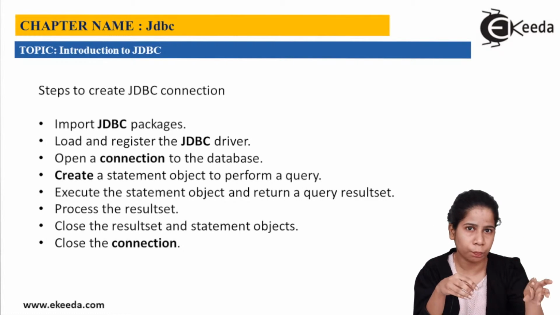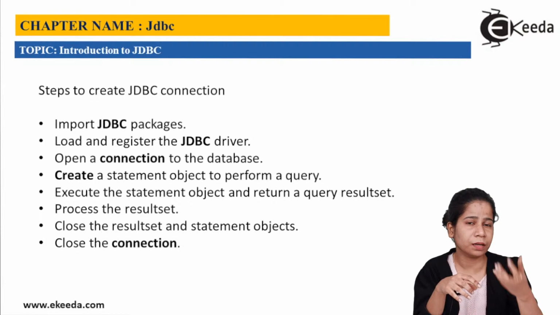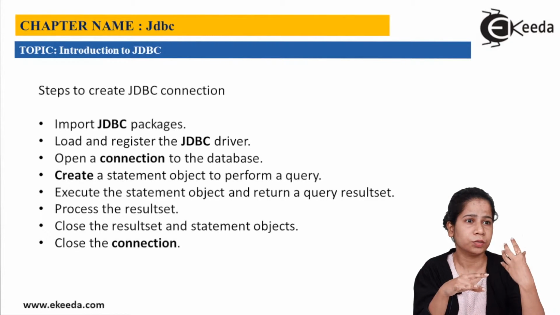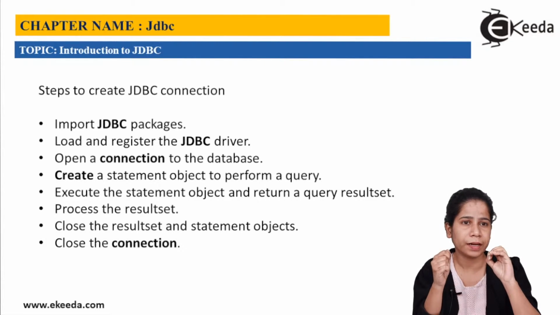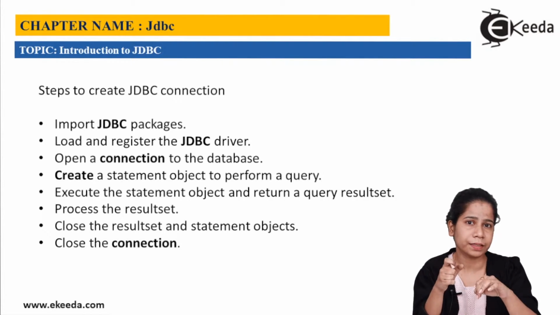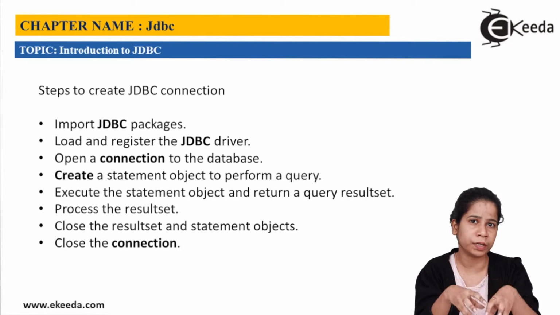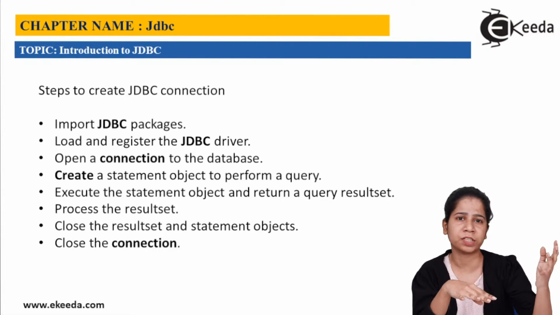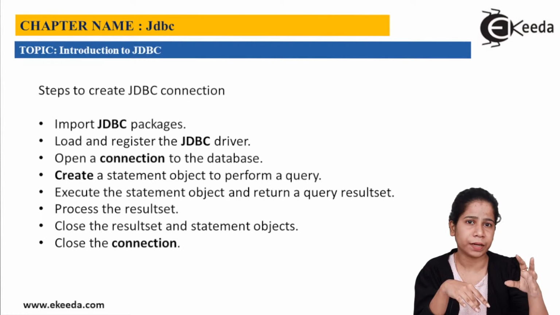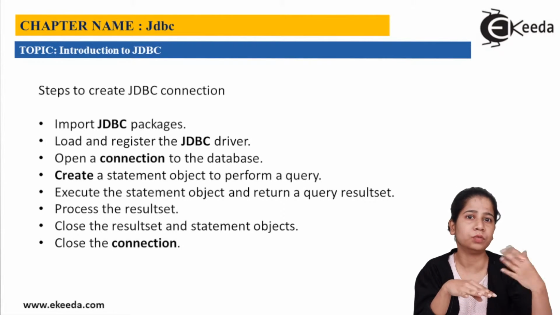Otherwise it will be left open, which unnecessarily takes up space, and at times you may run out of connections. Whenever you try to create a new connection, there may already be n number of connections open, so you may not have space to create a new one.